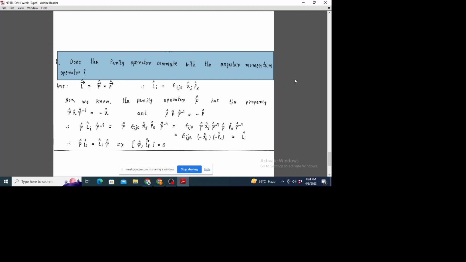Angular momentum is r cross p, and parity is space inversion, so x is changed to minus x, and r is changed to minus r. What about p? p is mv, velocity, and v is dx by dt, right?